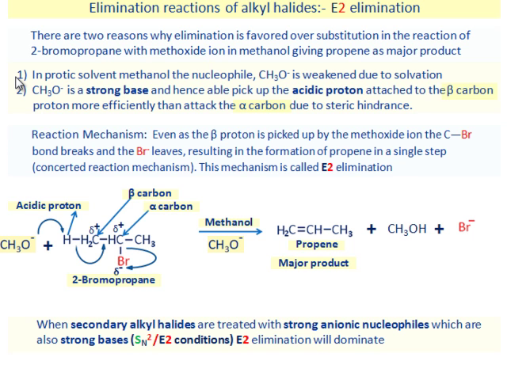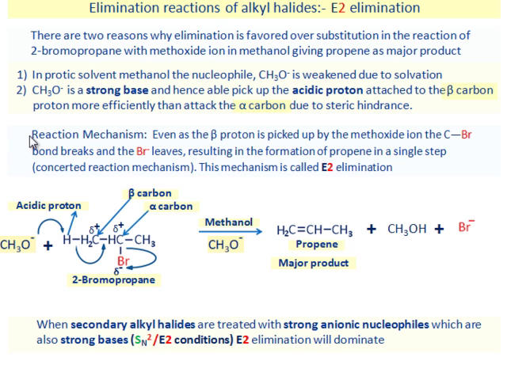In protic solvent methanol, the nucleophile methoxide ion is weakened due to solvation. 2. Methoxide is a strong base and hence able to pick up the acidic proton attached to the beta carbon more efficiently than attack the alpha carbon due to steric hindrance.